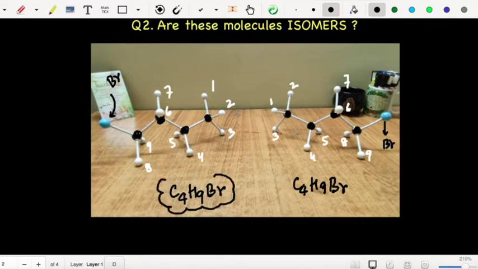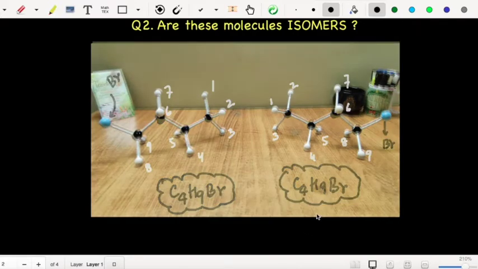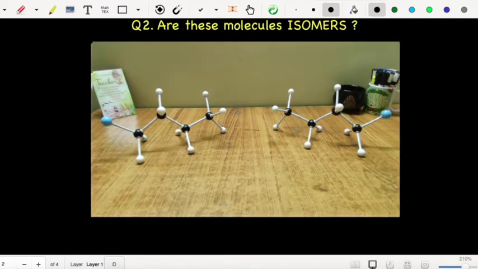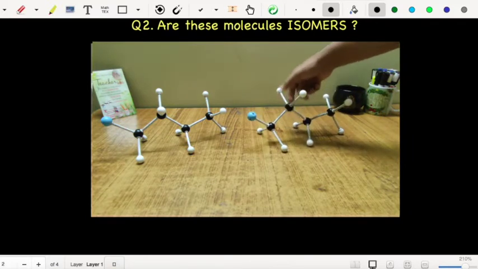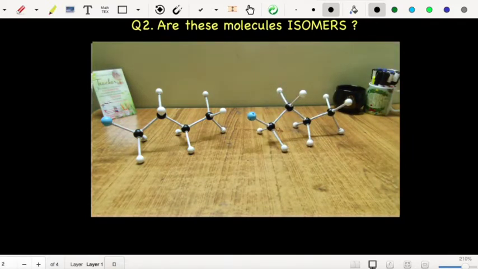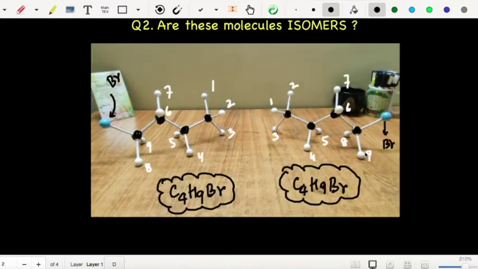So are these two molecules isomers of each other? The answer is no. We can see that just by simply rotating the molecule on my right, we get the molecule on my left, right? So essentially these two molecules are identical to each other. They are the same molecule.